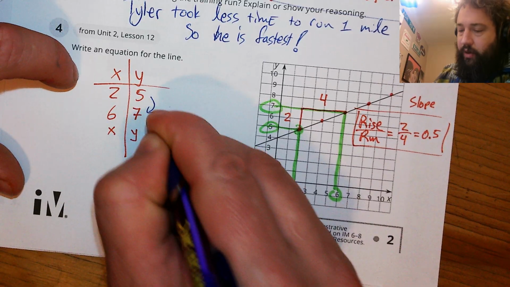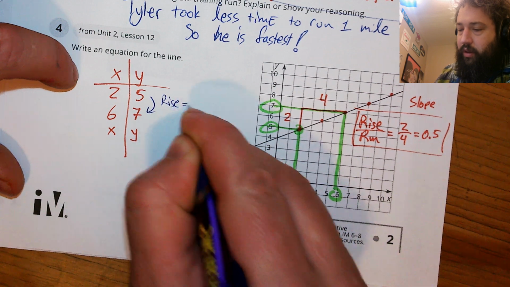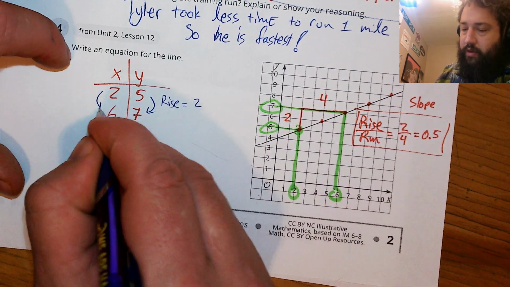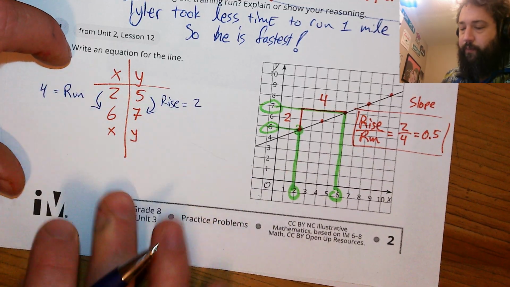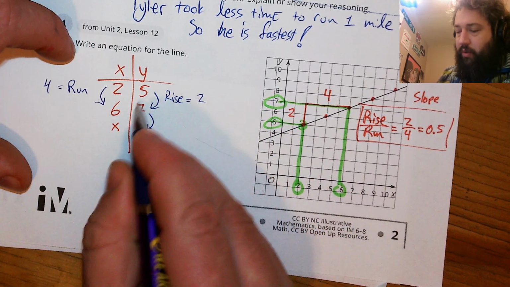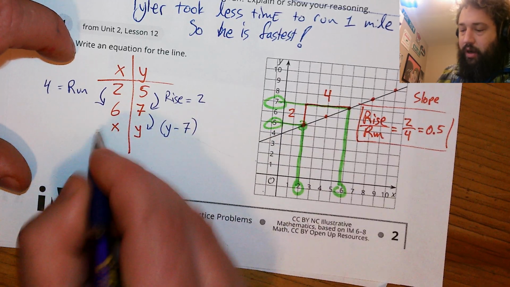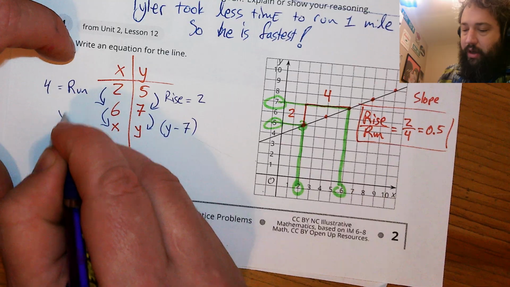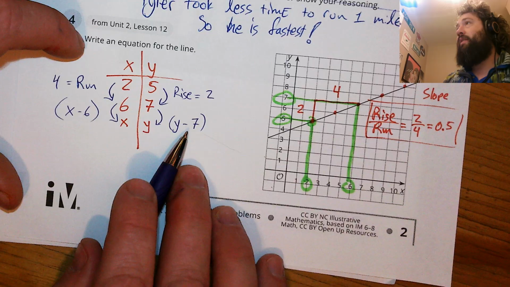So this is going to be a rise equals 2. This is a run equals 4. And here my rise is going to be y minus 7. And here my run is going to be x minus 6. That's how I like to set these up.